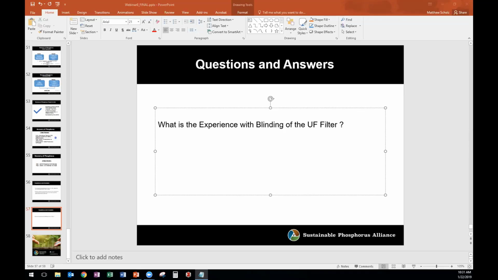So the system does go through an automated cleaning process where it'll shut down for about an hour. It'll fill with water to rinse out the manure. It'll fill with a high pH and then a low pH chemical to dissolve some of that built up material, and then it'll turn back on automatically. So it is a clean in place cycle that occurs about once a week, depending on the site.